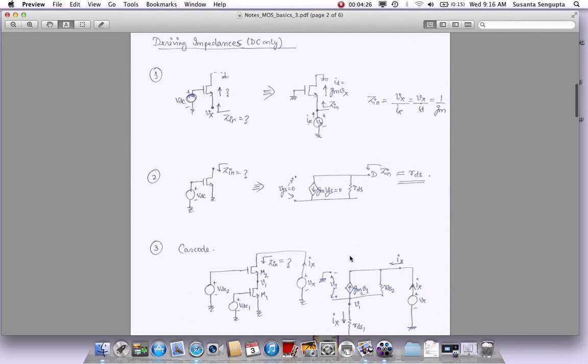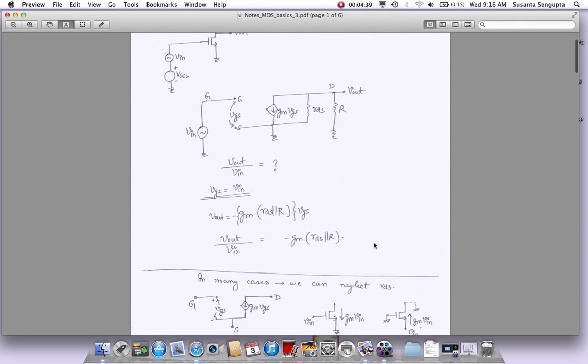Following on with this, let's do something along the lines of how we can use the simple small signal model given here and derive some impedances. One thing I forgot to mention is that this is only a DC model. You can see there are no capacitors here.